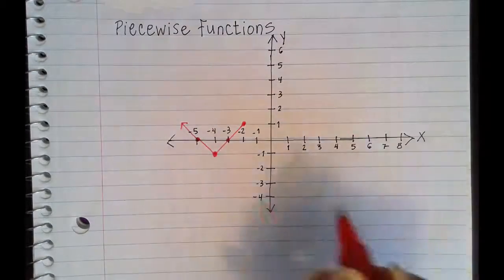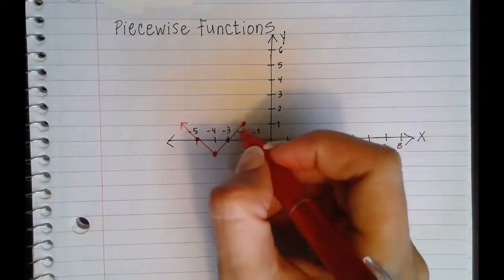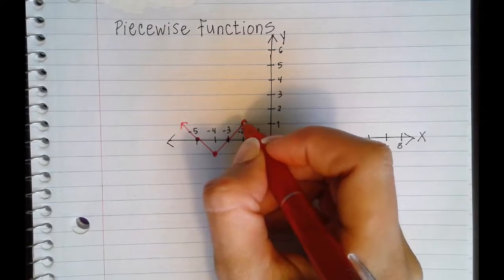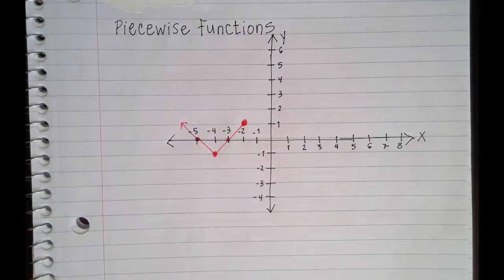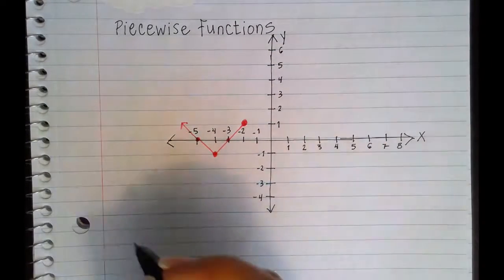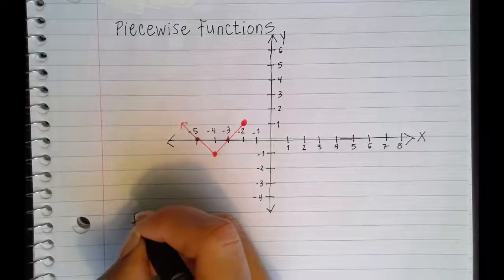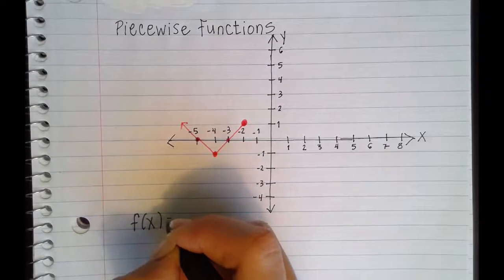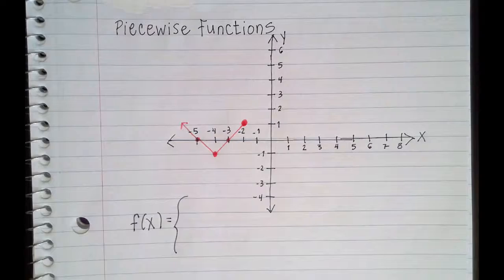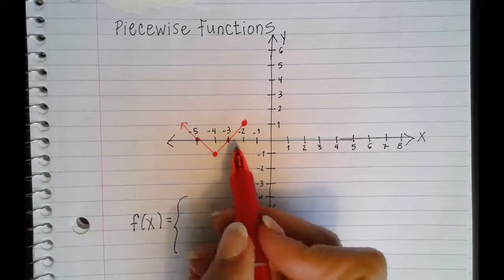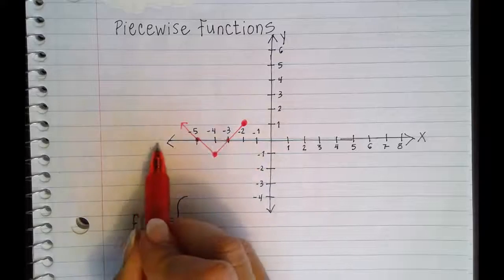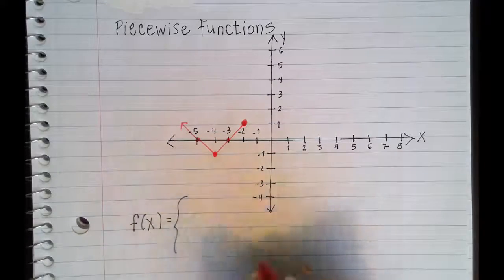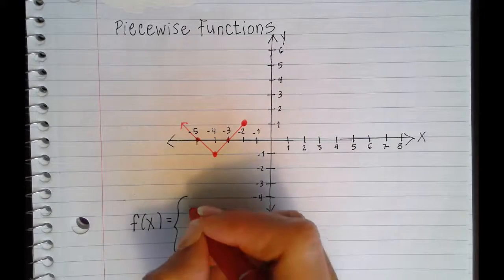Now, if that's all I have, and my absolute value function stops right here, when I'm writing my function out as f of x equals like this, I need to show that it's only running from -infinity until -2. So I'm going to write a couple different things down here. Here, I'm going to write my absolute value function.